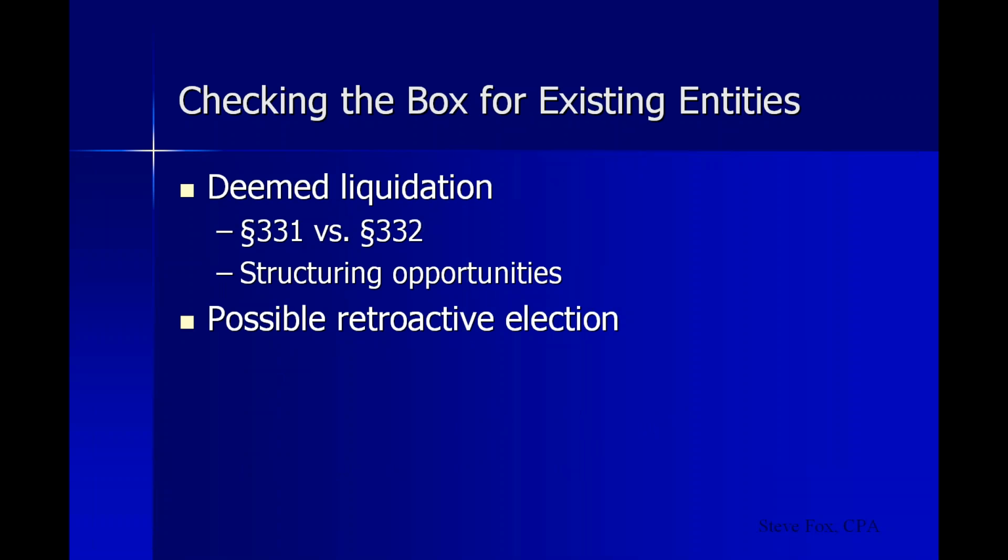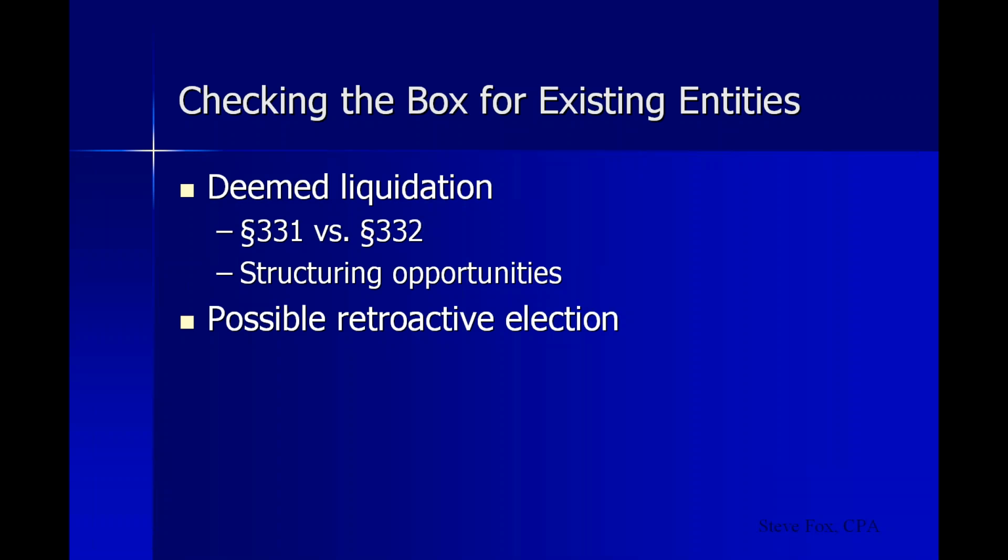But there's also the potential for making a retroactive election. The IRS has procedures now that allow a change of an election or an initial election under certain circumstances. Those procedures are explained on Form 8833.